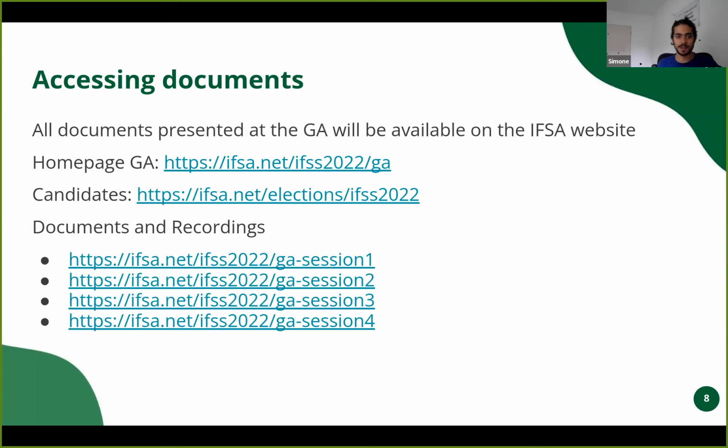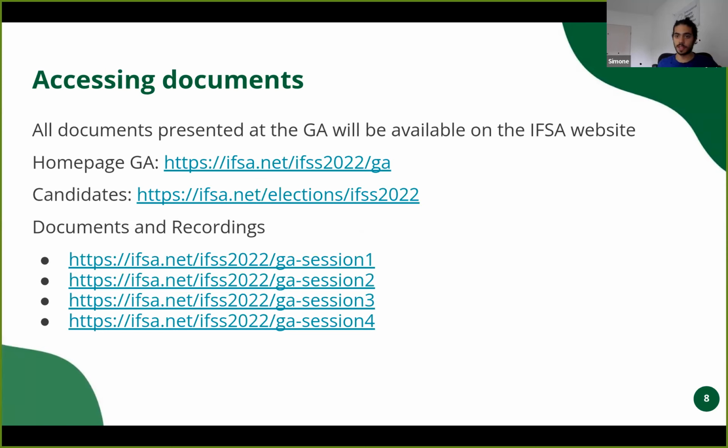First thing to start is the GA documents. We're going to have a web page for the GA, which is going to contain all the information that you need to know. For example, all the proposals that are made, and any presentations will be uploaded there. All the sessions are going to be recorded and then uploaded on the website.